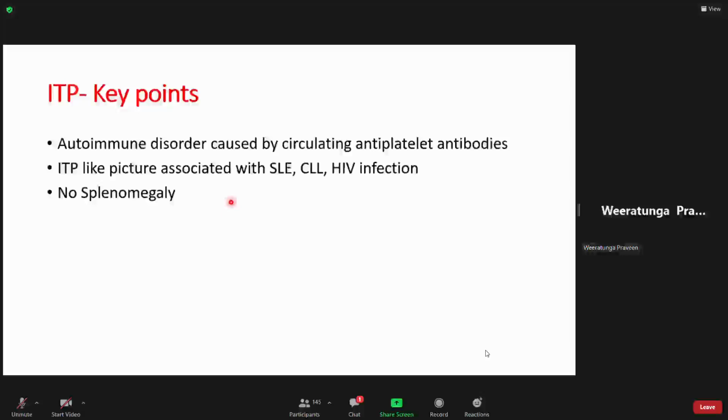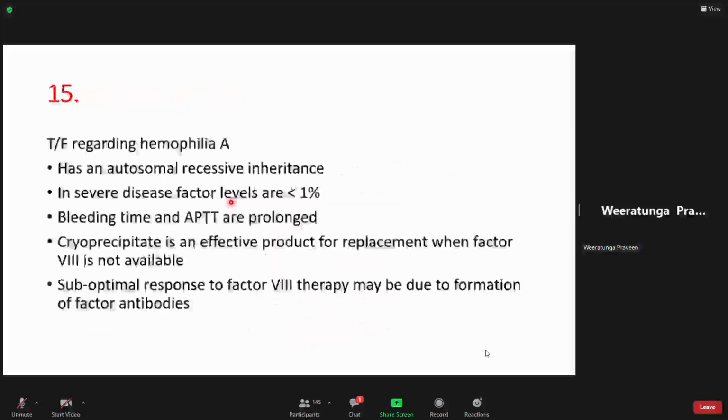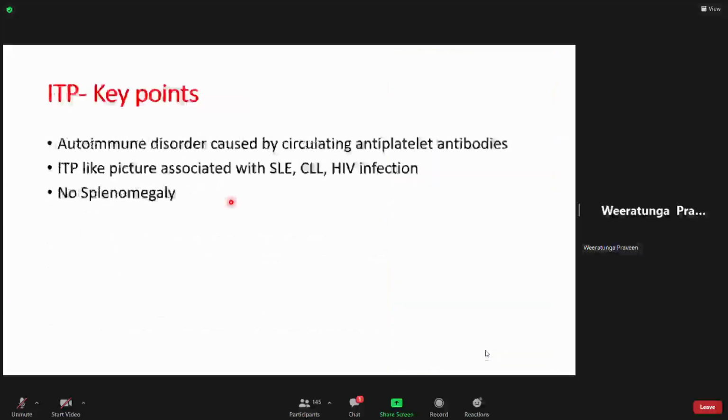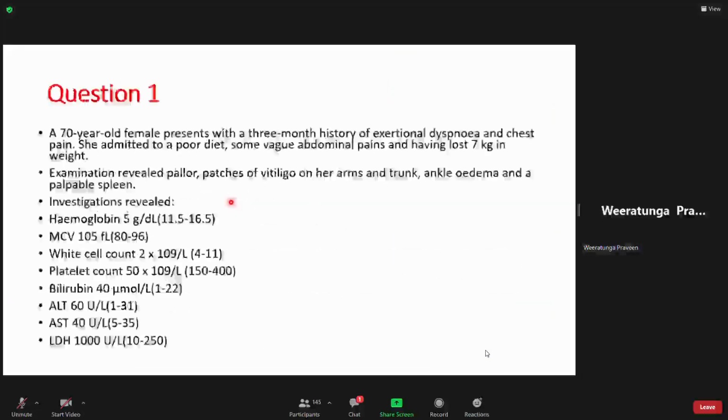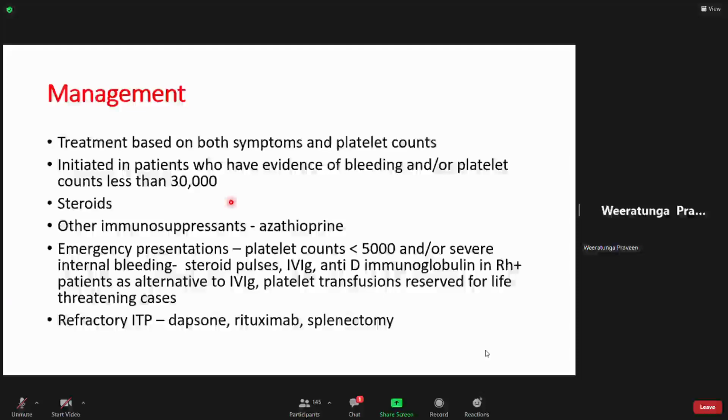ITP, or an ITP-like picture, can occur in certain secondary disorders like SLE and HIV. An important point to remember is ITP is not associated with splenomegaly. It's unusual.